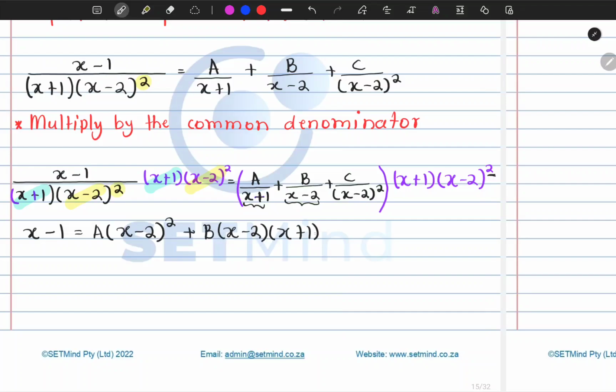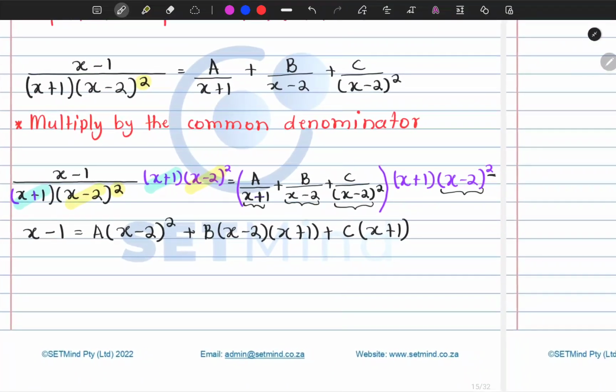Okay. And then plus, when we look at our c, you will see that it has a denominator of x minus 2 all squared, which means it will cancel with the x minus 2 all squared, and we will only be left with x plus 1 multiplying it.